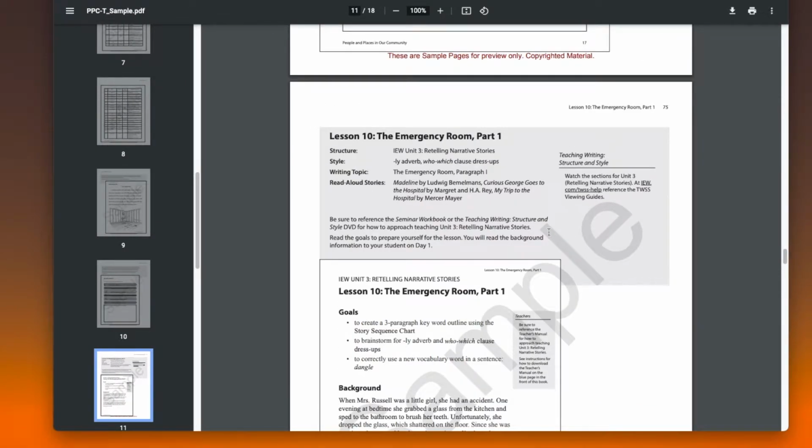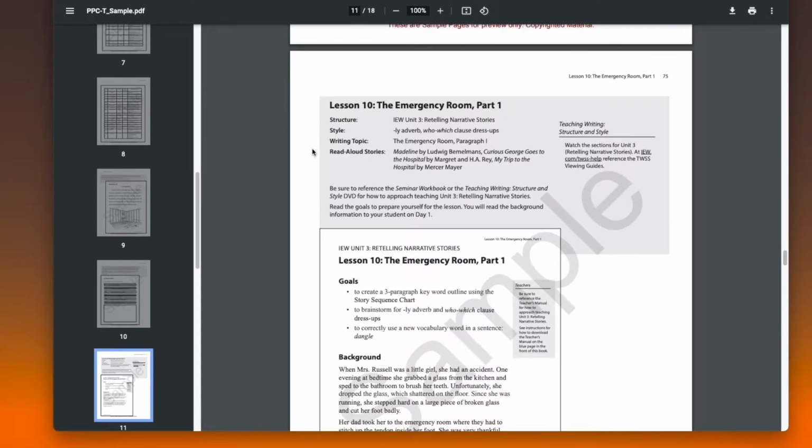The first lesson from earlier in the book didn't include this beginning part, but they all have this kind of beginning structure where they tell you, this is your lesson 10, more like your lesson for the whole week. Here's the structure you're focusing on. Here's the style you're focusing on. Here's the writing topic. And here are some read alouds.